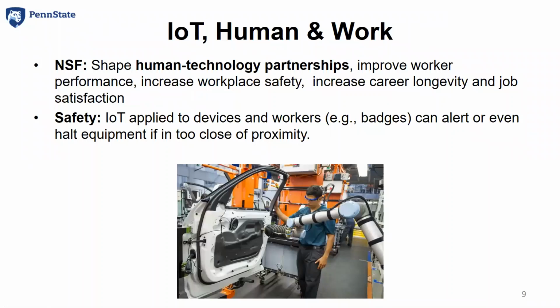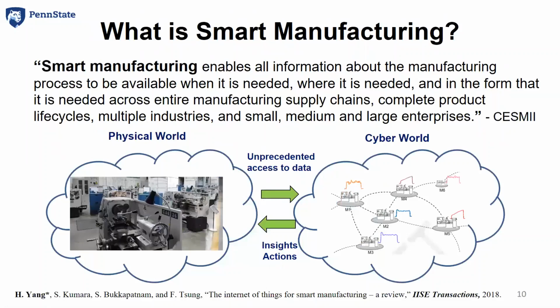We have been talking about smart manufacturing. Now let's have a look at the definition of smart manufacturing. So what is smart manufacturing? This is from SMART, the Clean Energy and Smart Manufacturing Institute. I have attended several meetings and talked about smart manufacturing and how Penn State can be involved.